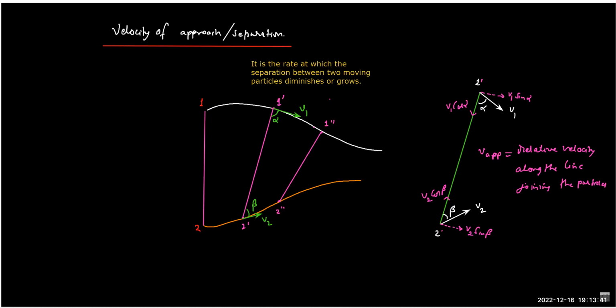We need not mention the velocity of separation because a negative approach is separation, right? So the way of writing remains the same. We are not supposed to write separation. We only write approach. If approach is positive, it means it's really coming closer. If it is negative, it means it is getting separated. So mathematically it is taken care of. It is commonly called velocity of approach.